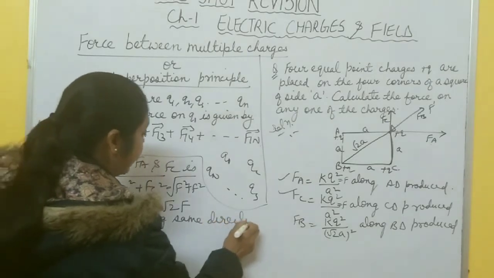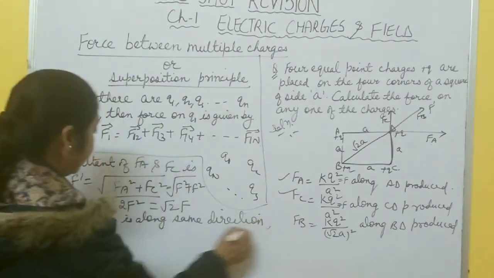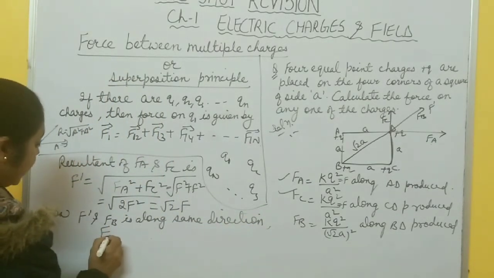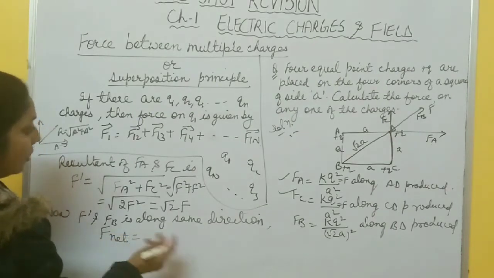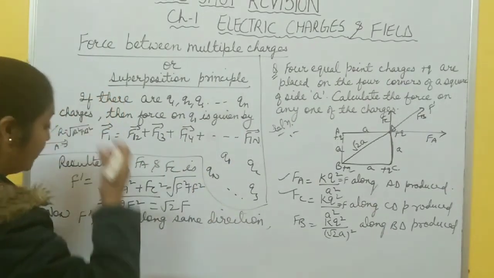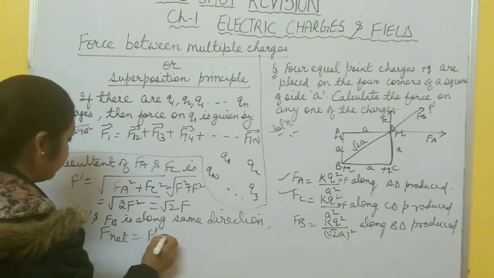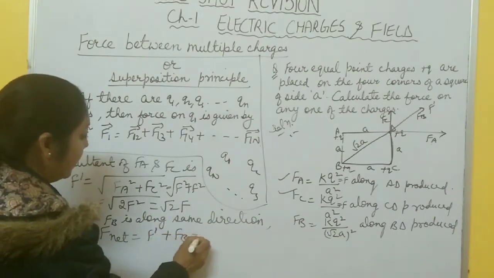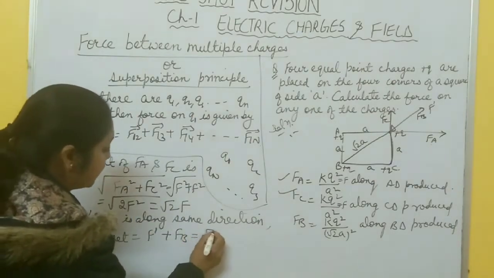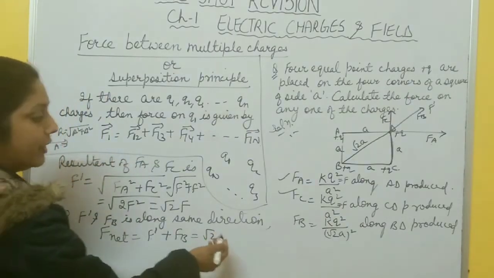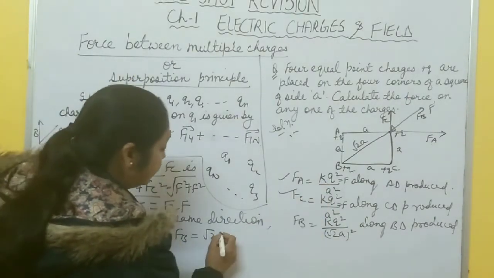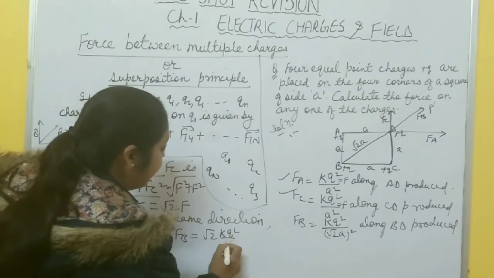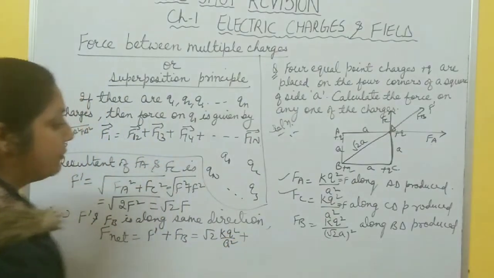So you just add these two forces, you get the total force F net, or F total at point D, equal to F dash plus FB. What is F dash? F dash is root 2 F. And what is the value of F? F is K Q square by A square, plus FB.